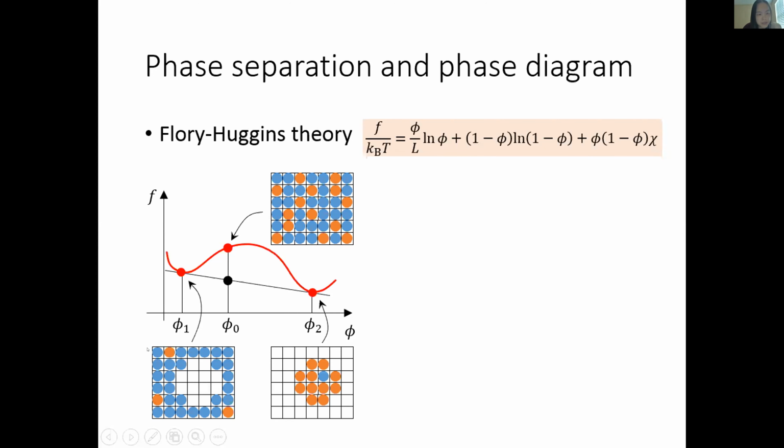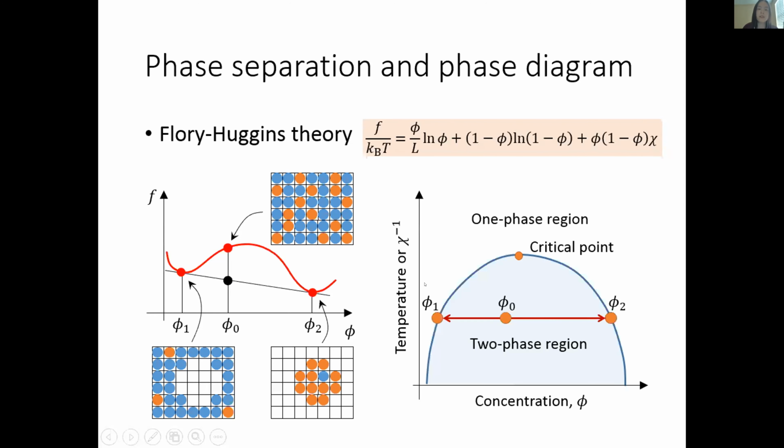If the system phase separates into these two subsystems, then the free energy per lattice site for the combination of the subsystems is here at the black dot. You can see that the free energy of this phase separated system is lower than the free energy of the well mixed state. That's why the system prefers to phase separate, because we always want to lower the free energy.